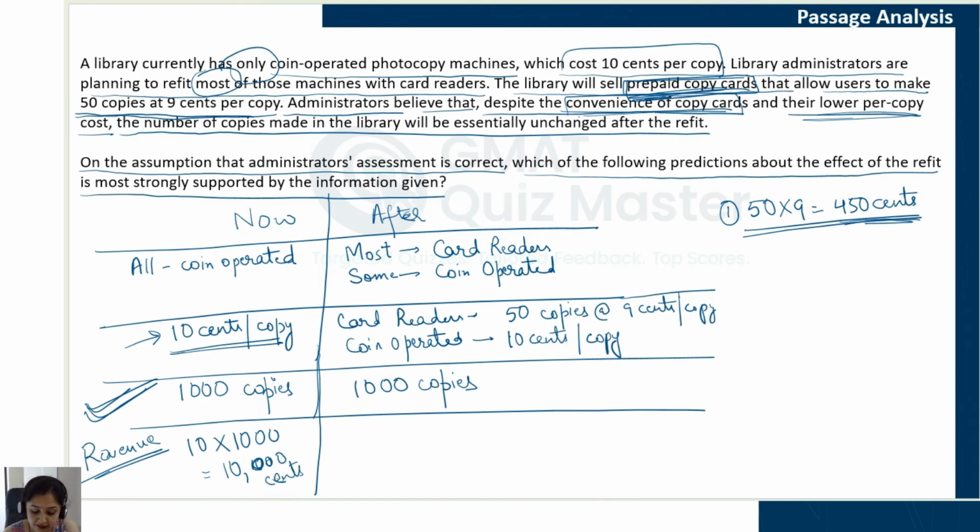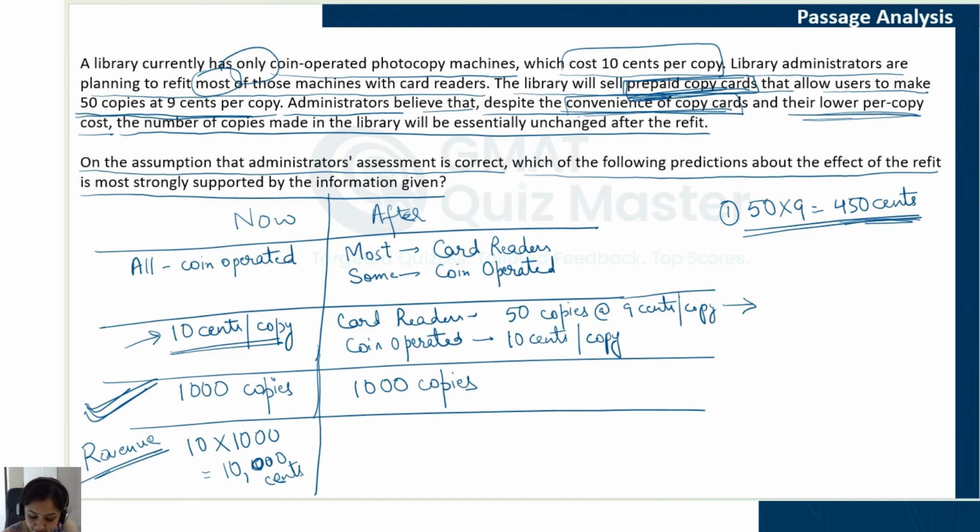It is very important to note that for people who are getting their copies using the prepaid card, the purchase is in terms of the card, the cards that are being purchased or recharged. It is not in terms of copies that they are making, right?